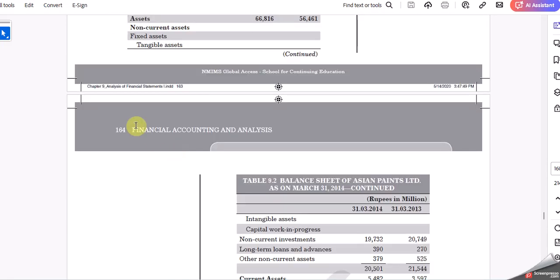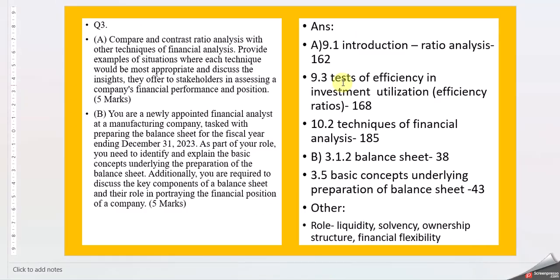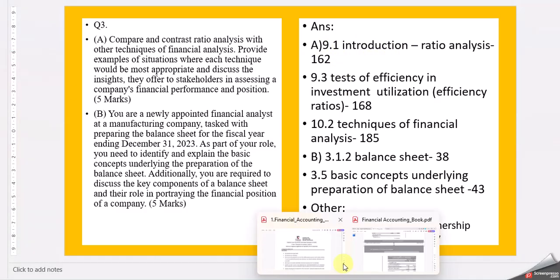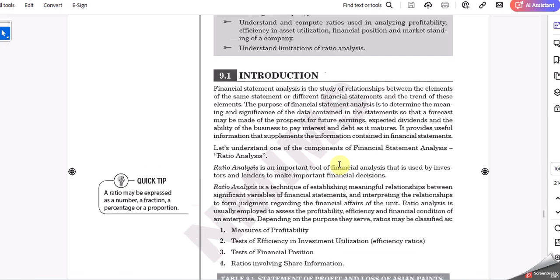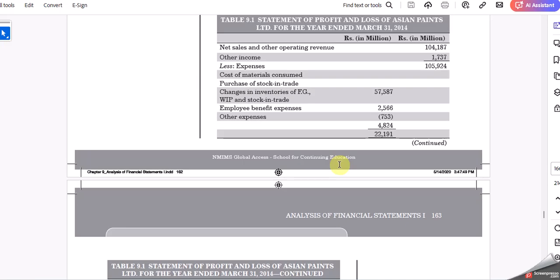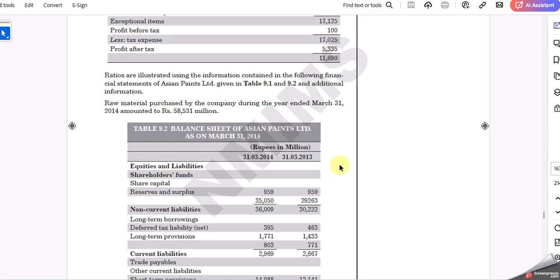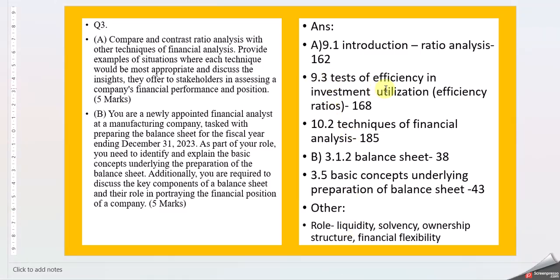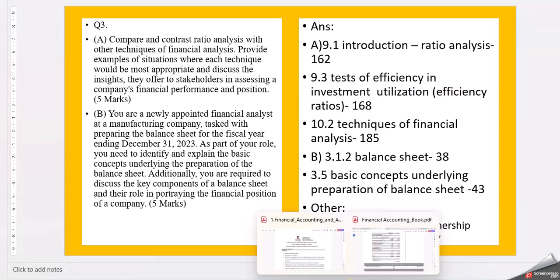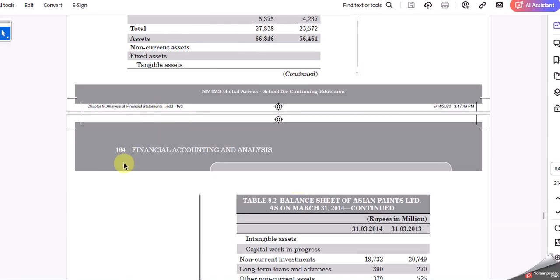Let me see how much mismatch we have. 9.1 is the ratio analysis. The introduction part of it gives you a brief on ratio analysis. Then we have 9.3, test of efficiency in investment, page number 168 in the book, which is 172.